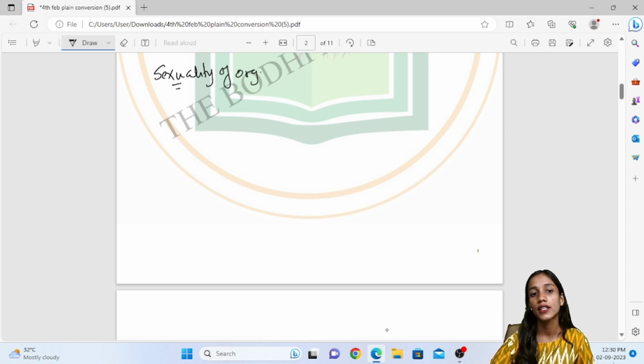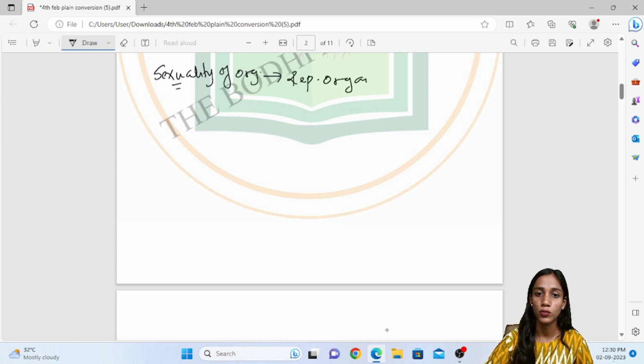And this sexuality of sexually reproducing organisms is identified by the presence of the reproductive organs. Which organs are present and how are they present?